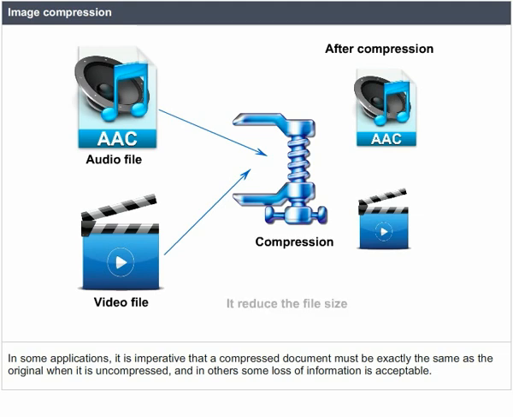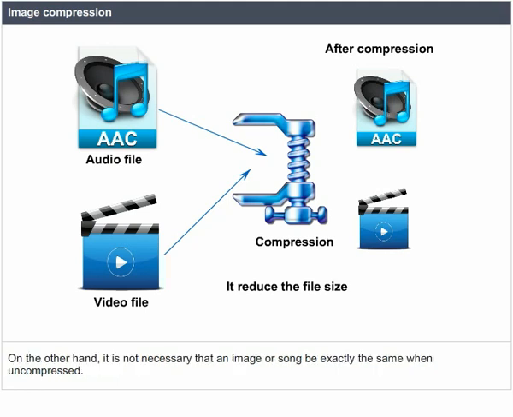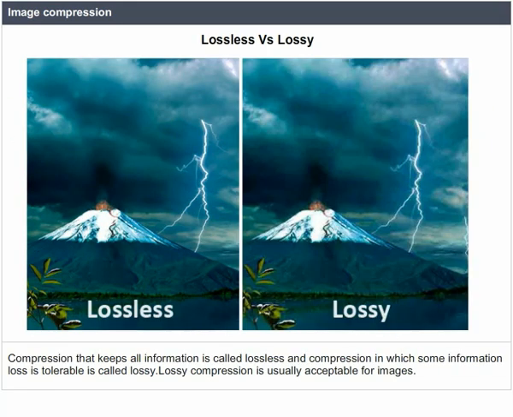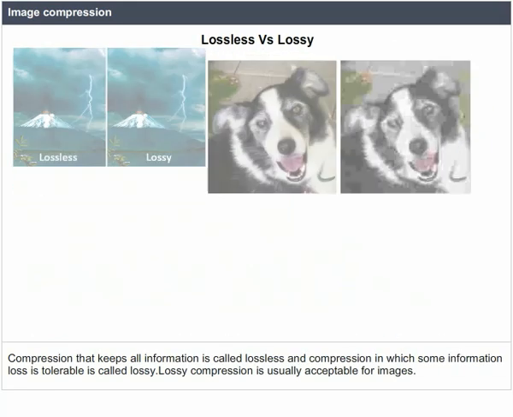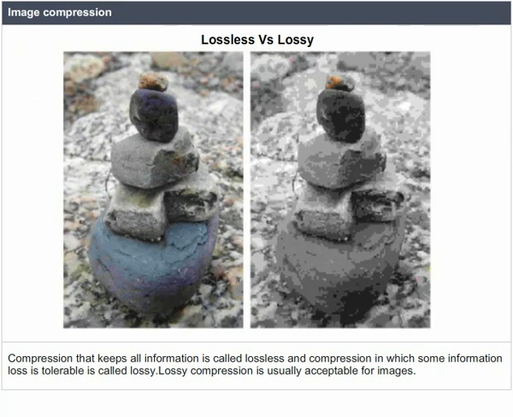For example, if you compress a program or a payroll file, you must get an exact copy of the original when it is uncompressed. On the other hand, it is not necessary that an image or song be exactly the same when uncompressed. Compression that keeps all information is called lossless, and compression in which some information loss is tolerable is called lossy. Lossy compression is usually acceptable for images.